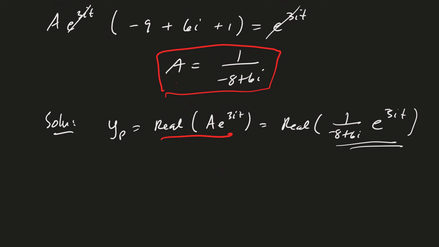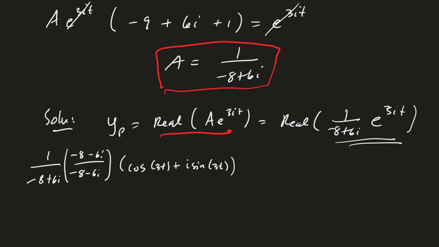Okay, and so how do we compute that? That's where we're at now. And so we just have some arithmetic to do here. It's not too bad. Okay, so I just took a moment here to write out what my computation is. I got 1 over minus 8 plus 6i, and then I multiply that by the conjugate to get a real number in the denominator.